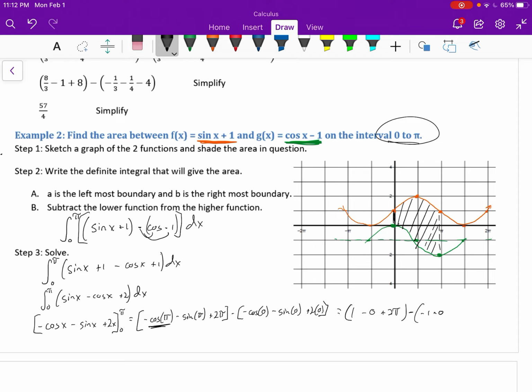Sine of 0 is 0, and obviously 2 times 0 is 0. Which gives us 1 plus 2 pi plus 1. So the answer is 2 plus 2 pi units squared. So that's the first part of this lesson. That's when we just have one graph that is always above the other graph in the interval that we're referring to.